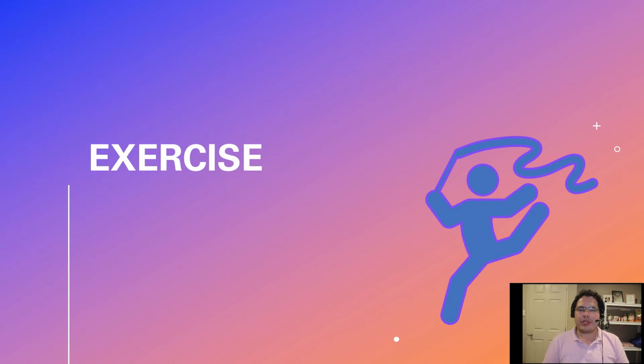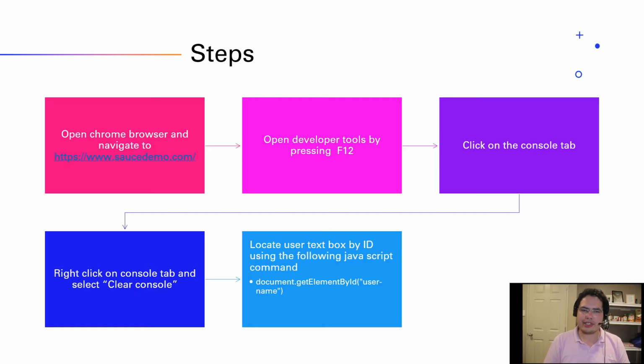Cool. I think that's enough talking from me, so let's get to some exercises. For this exercise, it's quite simple. I will ask you to go to sourcedemo.com and open developer tools. If we find some errors, in this case go to the console tab, where we may find some errors, and clear them out.